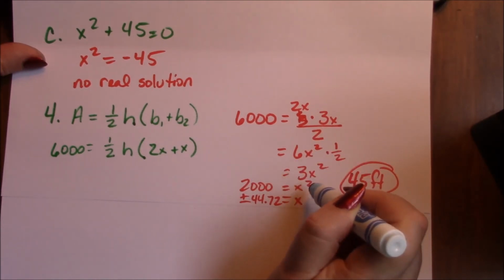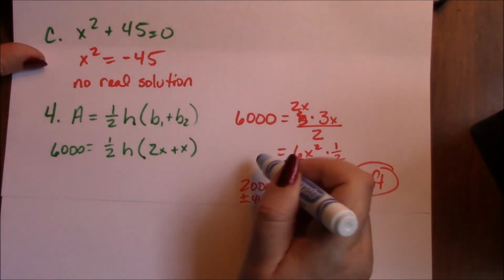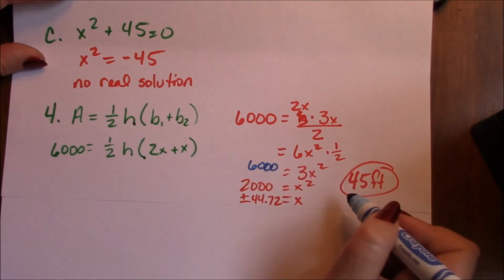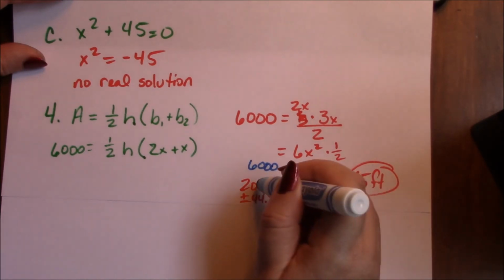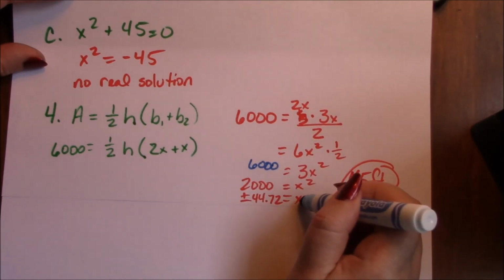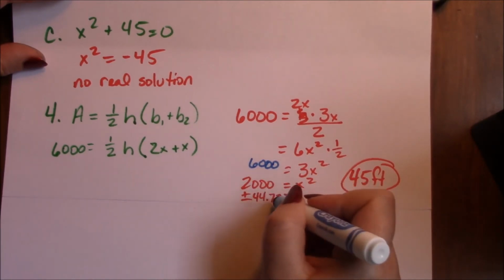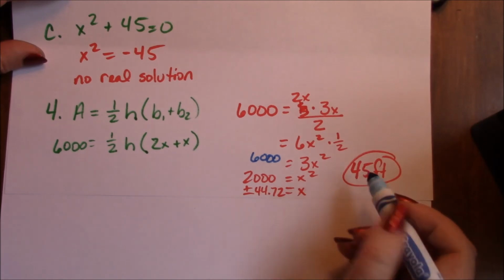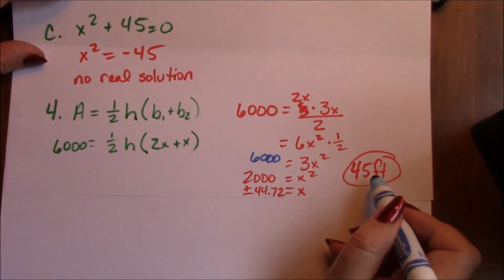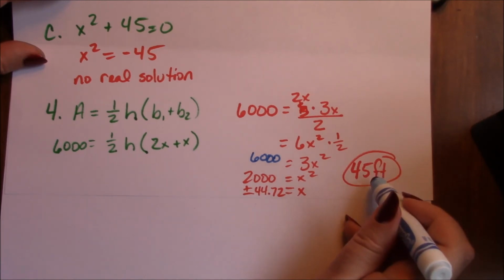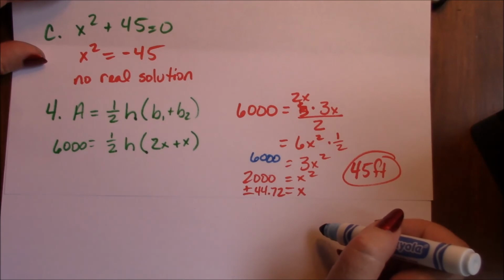So 3x squared equals 6,000. And when I divide both by 3, I get x squared equals 2,000. So our mathematical answer is plus or minus 44.72 feet, but they want it positive, rounded to the nearest foot. So our answer is going to be 45 feet.